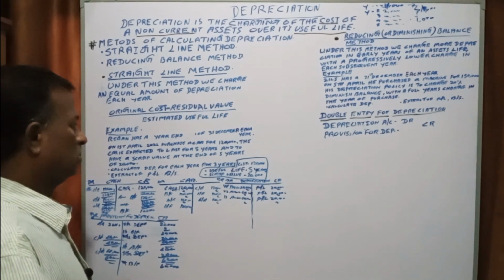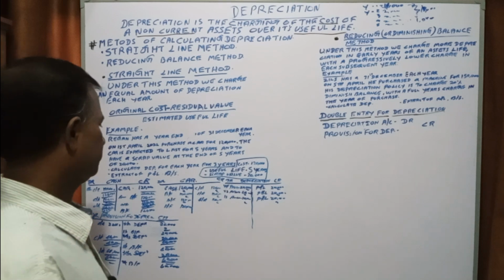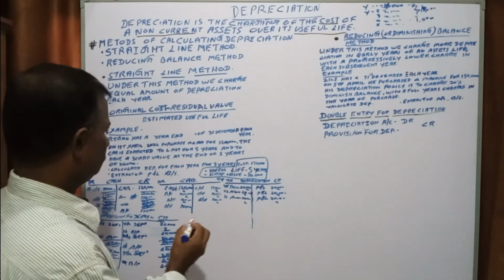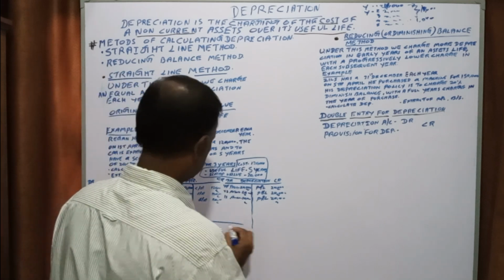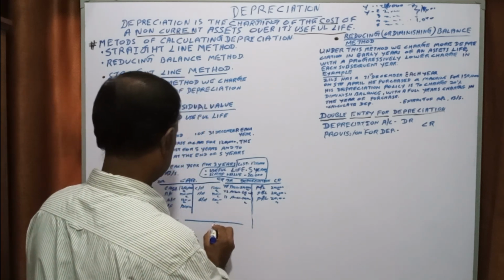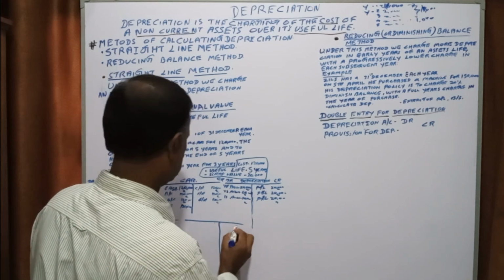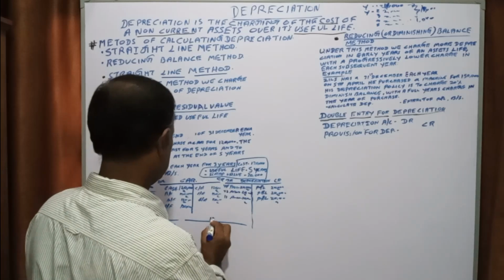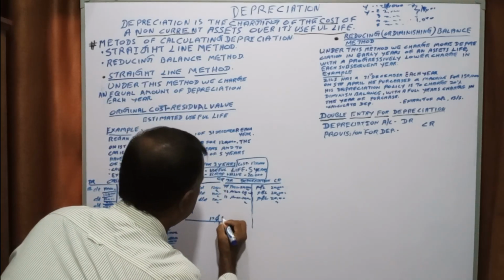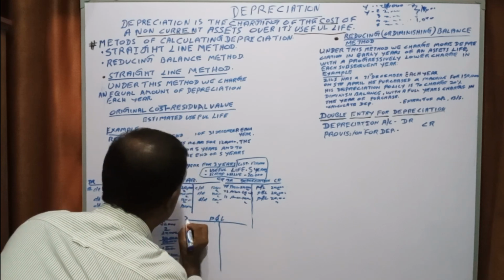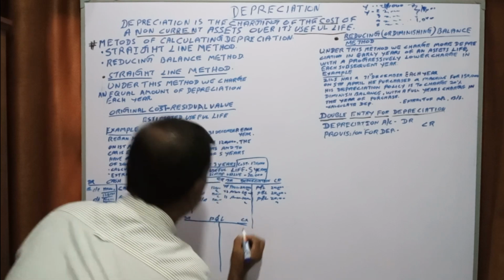Now it says extract of P&L and balance sheet. We'll say P&L is here. Extract of profit and loss. We will say P&L account, right? Here debit, here credit. Okay.